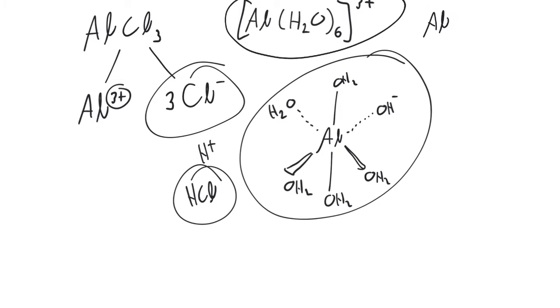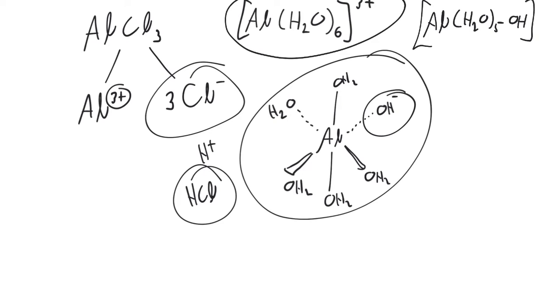So we still have the aluminium central metal ion. Instead of having 6 water molecules, we now only have 5. So we have 5 H2O molecules, and one of those water molecules formed an OH. So that will be the new formula here. But what is the charge on this complex ion?